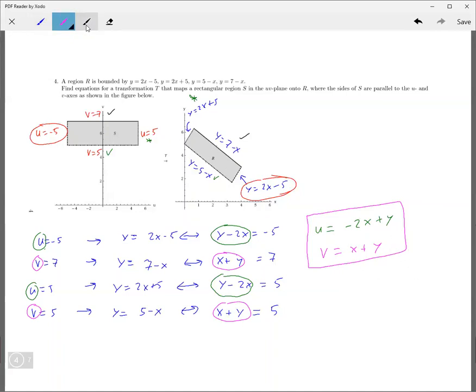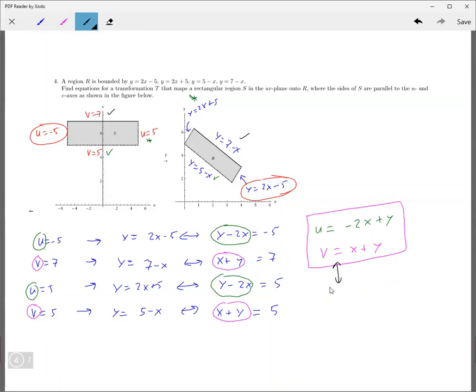It'll accept those as the answers. Now, if you want to calculate the Jacobian, you're going to have to solve for x and y though. Those answers work, yeah.